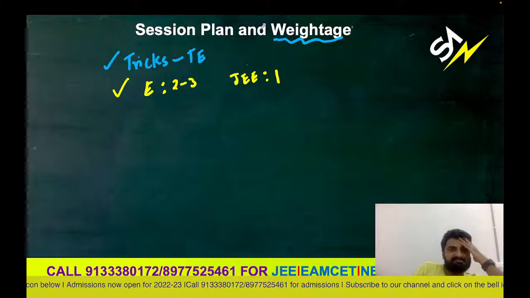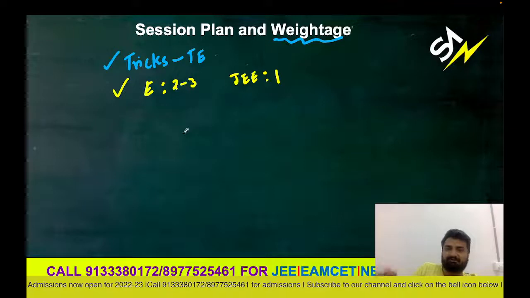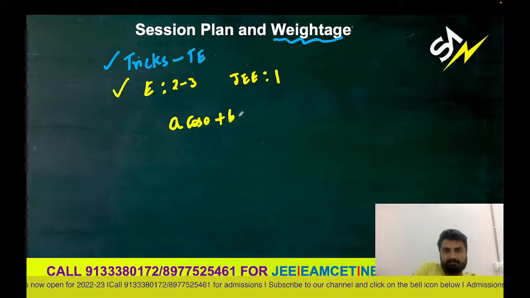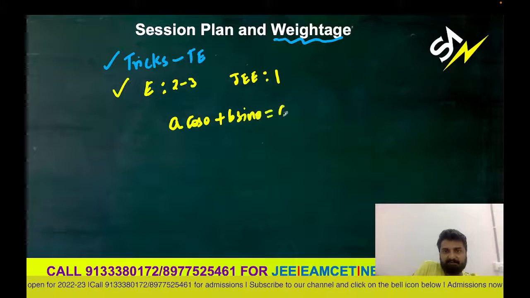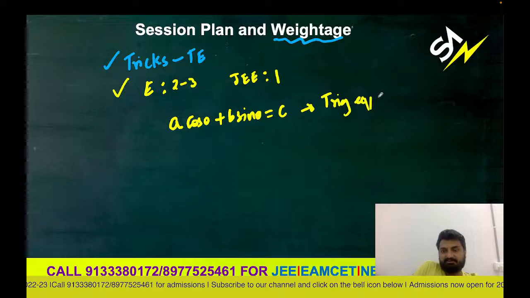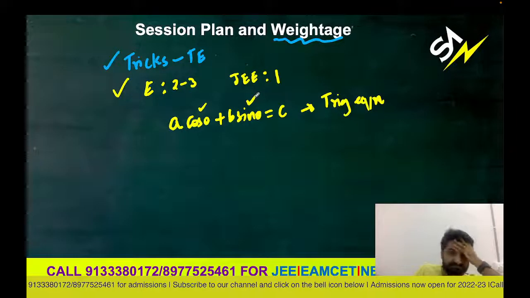So basically, what is a trigonometric equation? Any equation in terms of a trigonometric function. So something like a cos theta plus b sin theta equal to c. This is called a trigonometric equation because it's an equation with trigonometric functions, in this case, sine and cos.